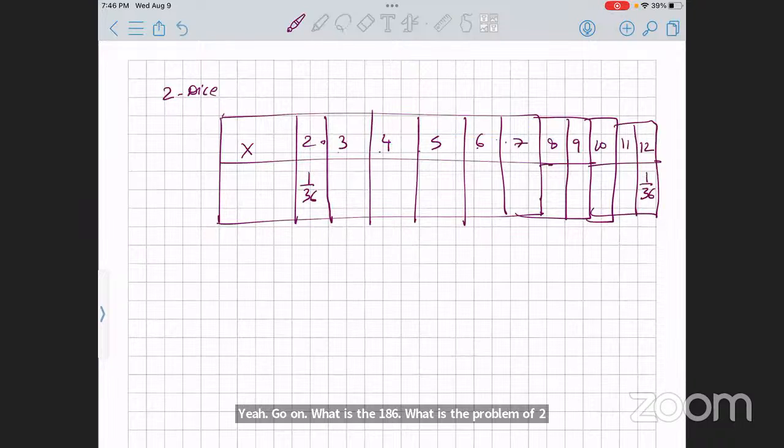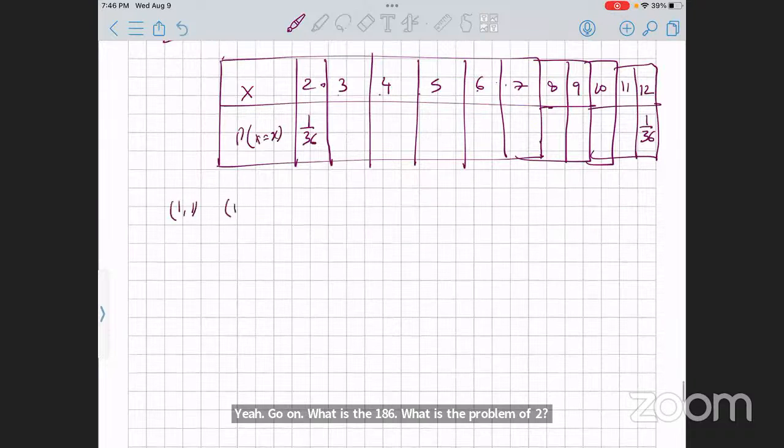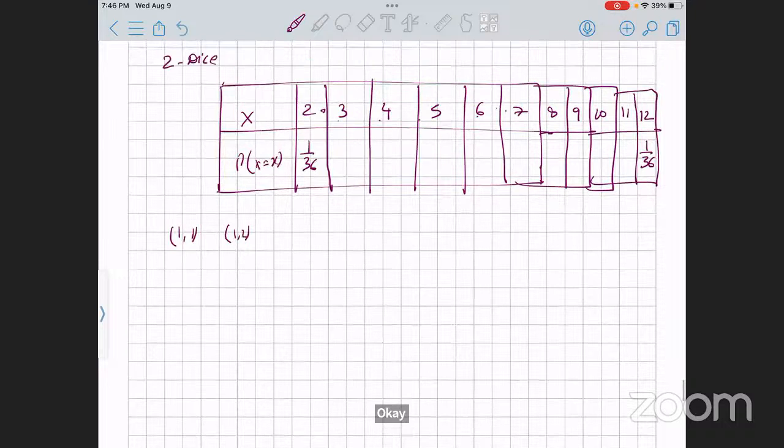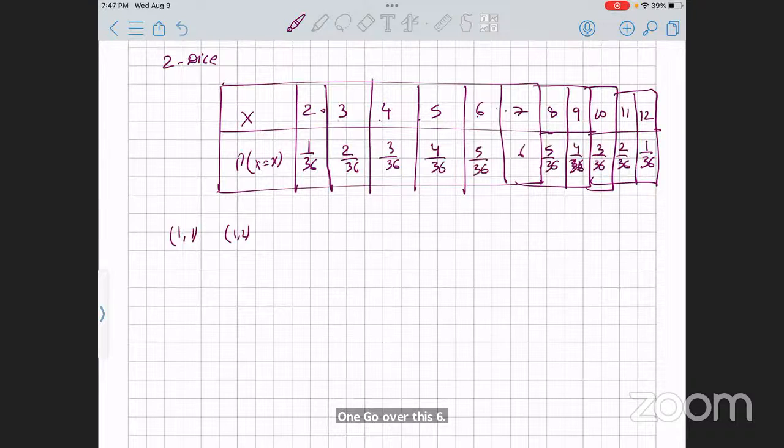What is the probability of 3? 2 by 36. Then 3 by 36, 4 by 36, 5 by 36, and 6 by 36.